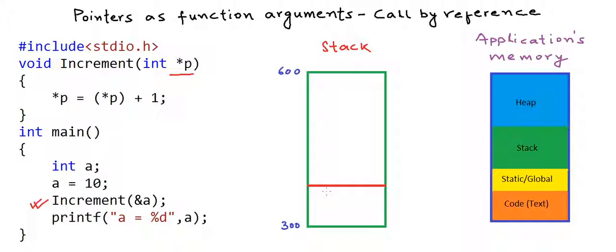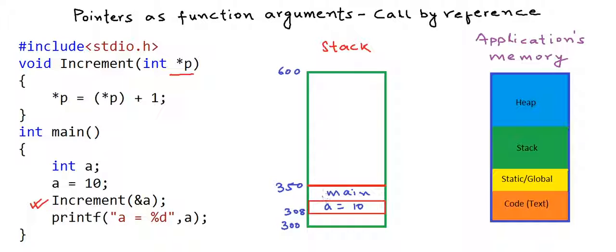Let's say this is the stack frame of the main method. Let's say 300 to 350, this address range is the stack frame of the main method, and there would be a local variable A in this main method. Let's say the address at which A is stored is 308. This may not be in proportion, but still, let's say this is how it is stored.